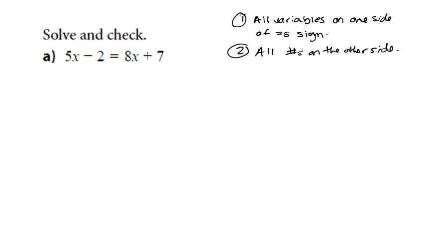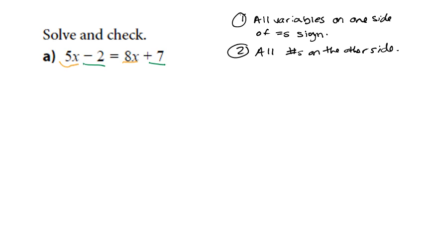I'm going to use a bit of color coding. Here's an x, and then number and number. I like to always have my x's on the left-hand side because I think it's a little easier to look at, but it doesn't really matter if you choose to put the x's on this side or on this side. In this case, I'm going to put the x's on the left.